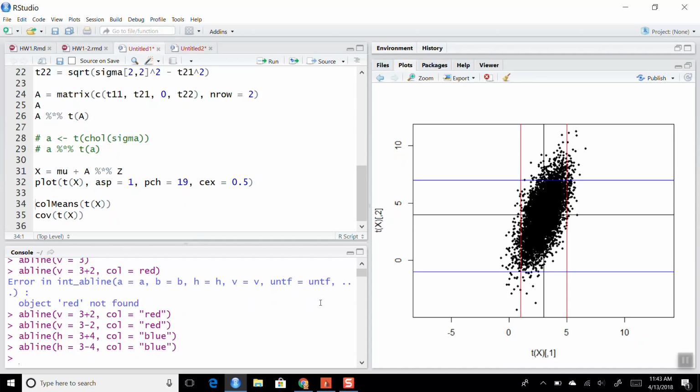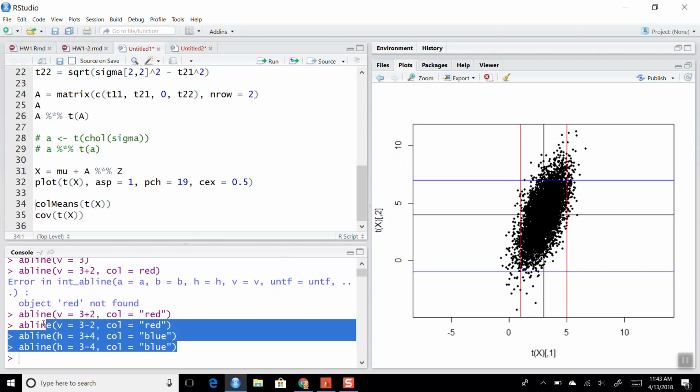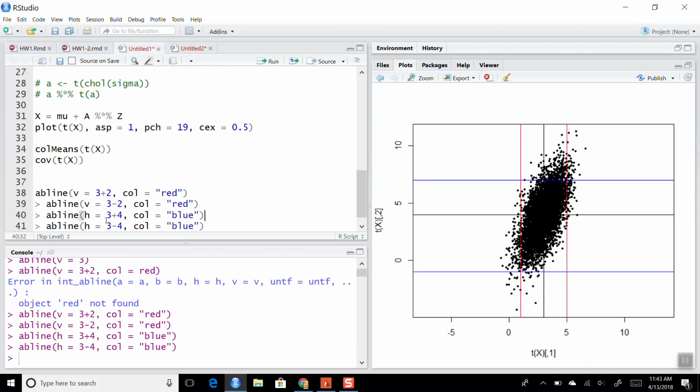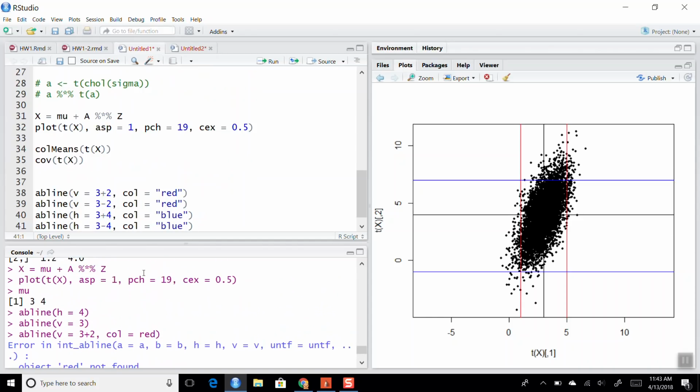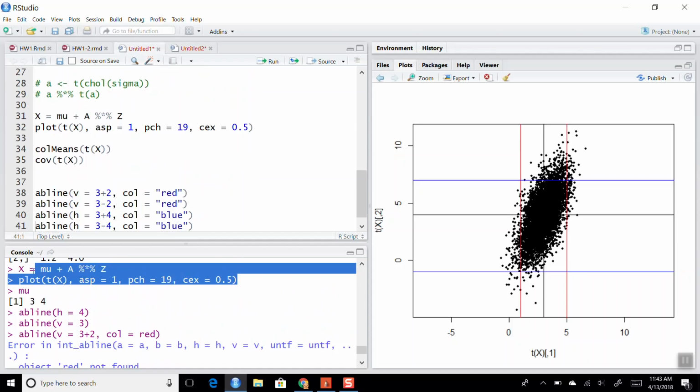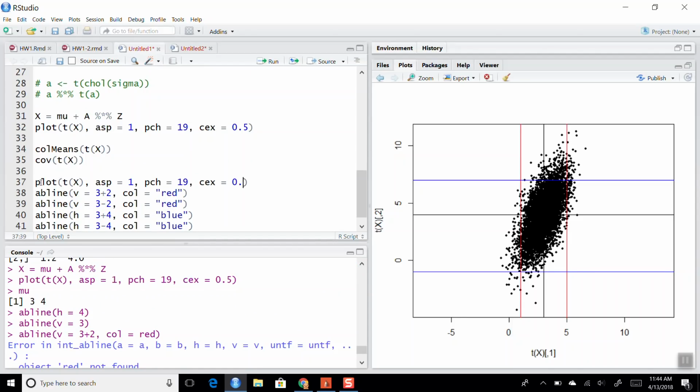Okay. And that, oh, not 3 plus 4. I was like, this doesn't look right. Shoot, I have to redo this plot now. Okay, let's reduce our density a tiny bit, or let's make our plot dots even smaller.